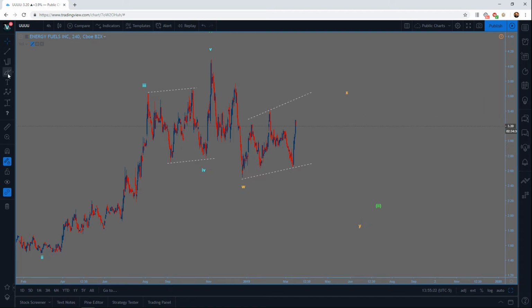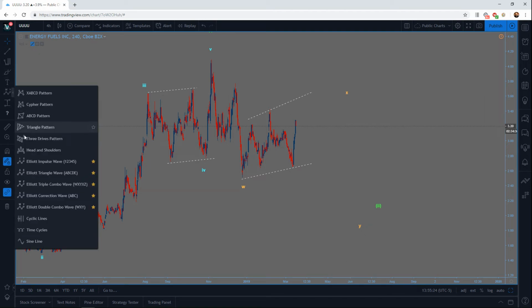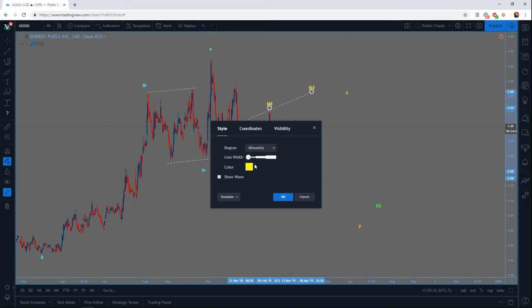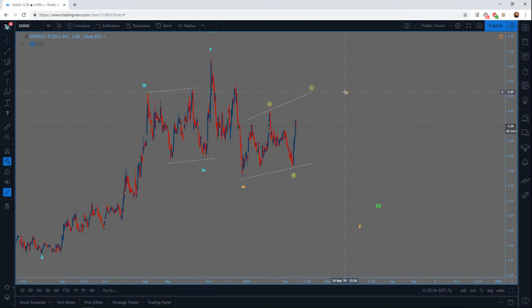They happen all the time. A, B, C. It could be right in this area. And then I believe we head down from 1.